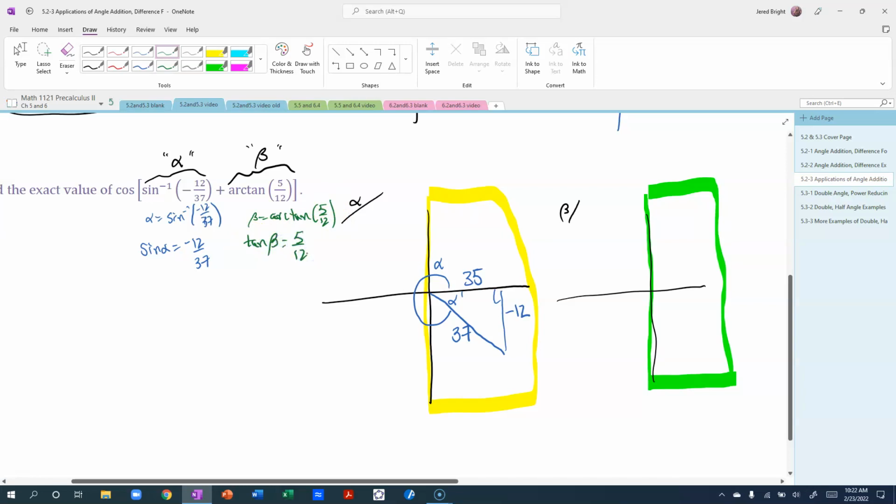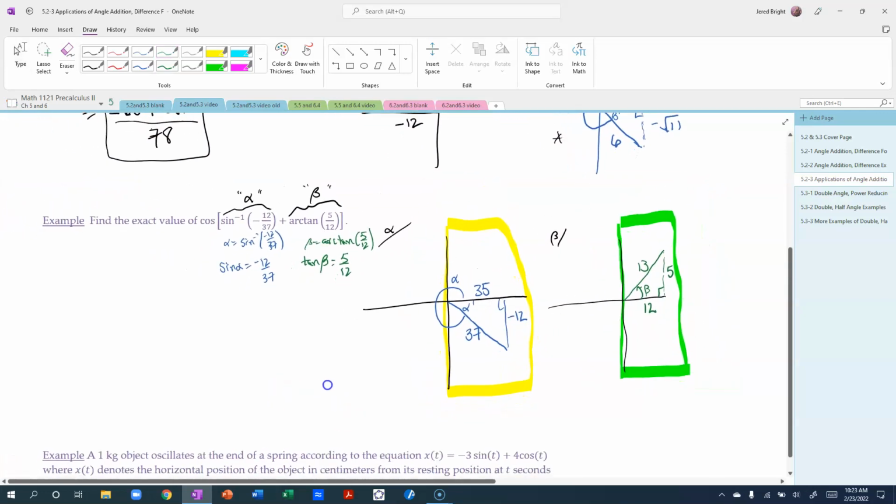So tangent is positive, and among these two quadrants, tangent is positive in quadrant 1. So this would be my angle beta. Drop the altitude, and in this triangle I can label the opposite side as 5, adjacent side as 12, and then we can find that the hypotenuse is 13. Now I have my diagrams to go forward.